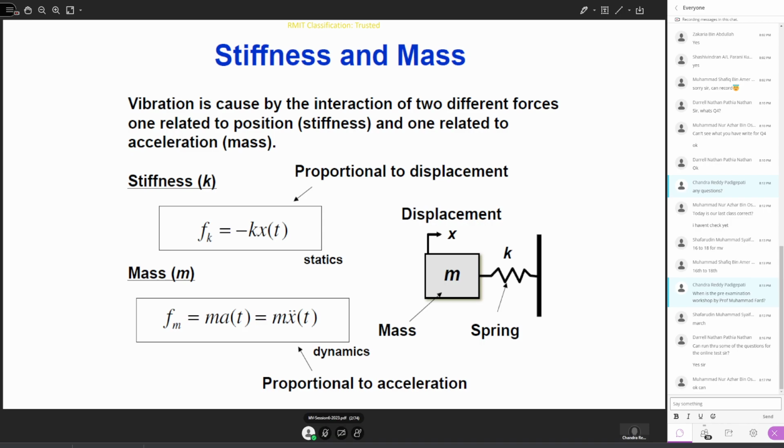The spring force is minus kx. The time within the brackets is just a variable, so sometimes we just write minus kx. The time within the brackets indicates that the displacement x varies with respect to time. The inertial force is ma, so you can also write m x double dot.